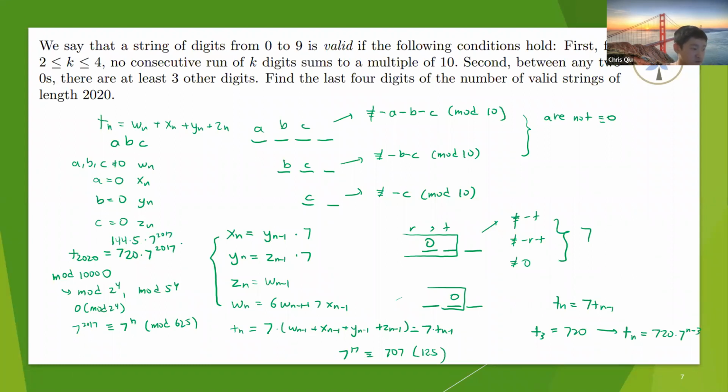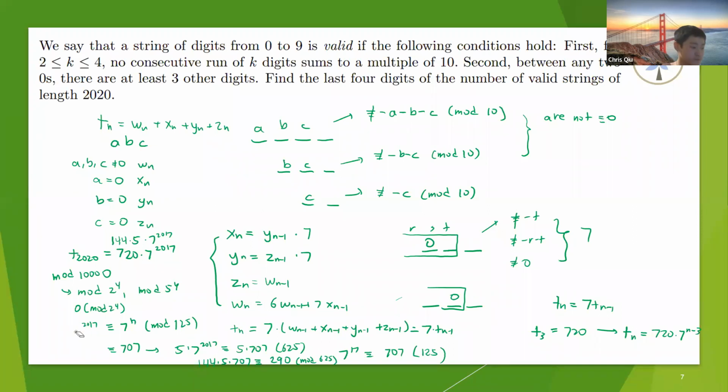And since 7 to the power of 2017 is congruent to 7 to the power of 17 mod 125, which is congruent to 707, this means that 5 times 7 to the power of 2017 is congruent to 5 times 707 mod 625. And then to find T2020, which is 144 times this thing, mod 625, we simply want to find 144 times 5 times 707. And if you do the calculations, you get that it's 290 mod 625.